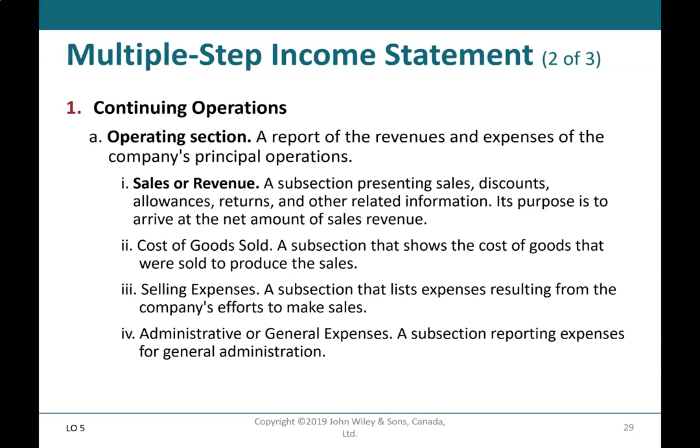Cost of goods sold. A subsection that shows the cost of goods that were sold to produce the sales. Selling expenses. A subsection that lists expenses resulting from the company's efforts to make sales. Administrative or general expenses. A subsection reporting expenses for general administration.